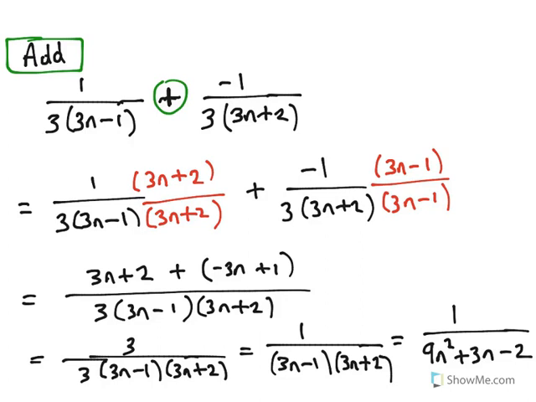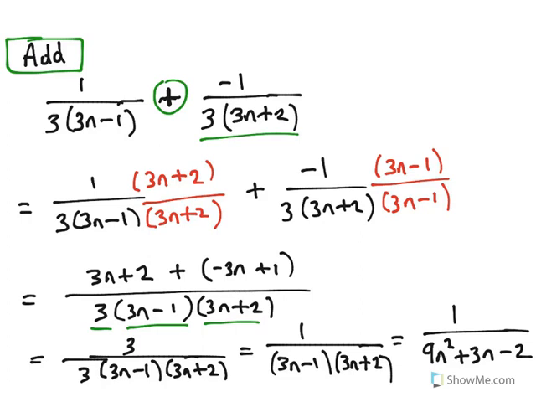So our first rational expression has a denominator of 3 times 3n minus 1, and our second rational expression has a denominator of 3 times 3n plus 2. So the least common denominator would be 3 times 3n minus 1 times 3n plus 2.